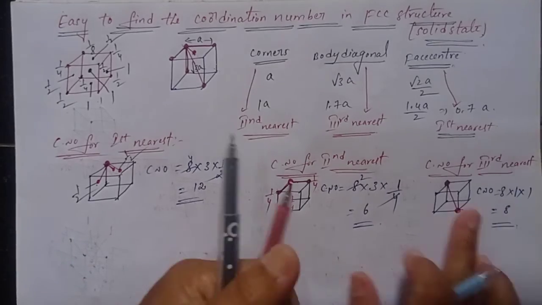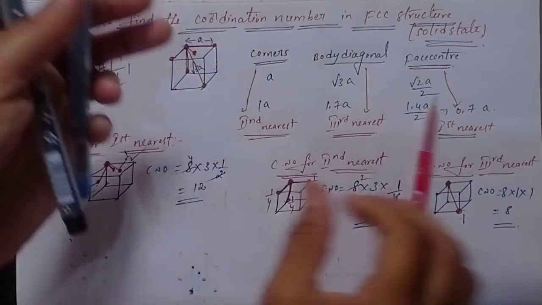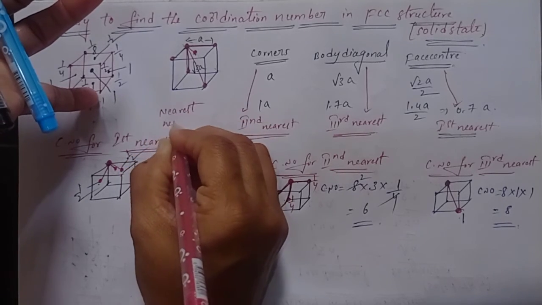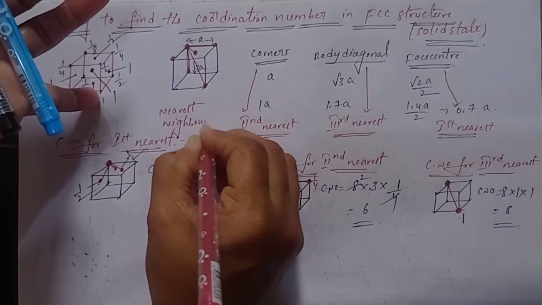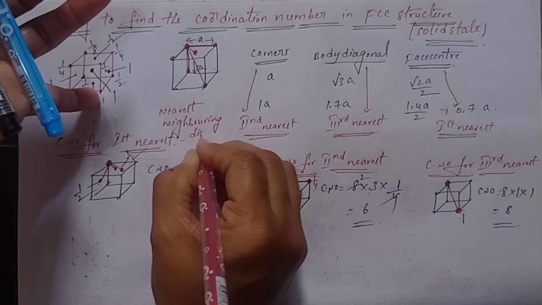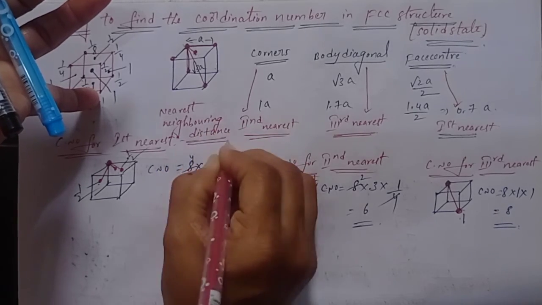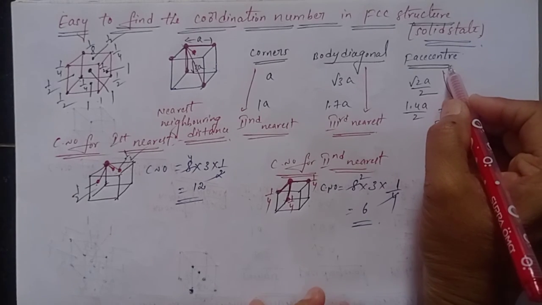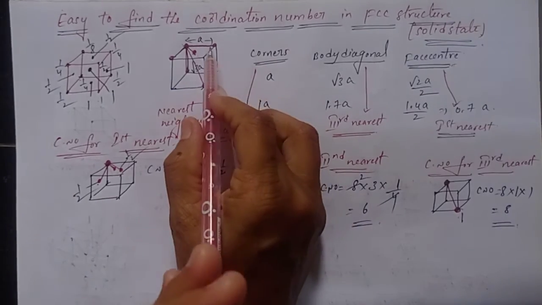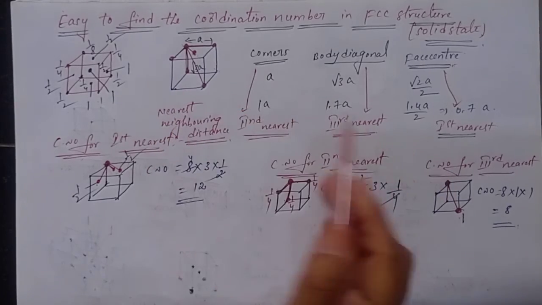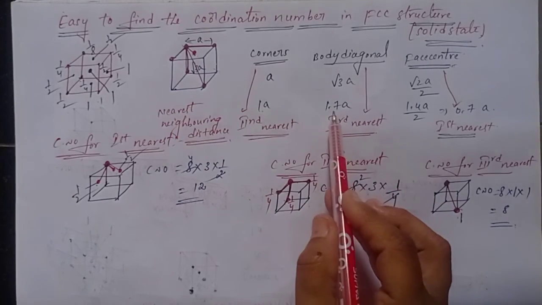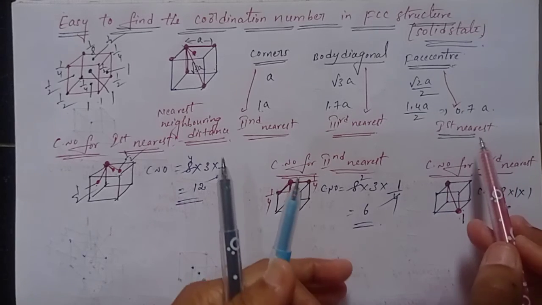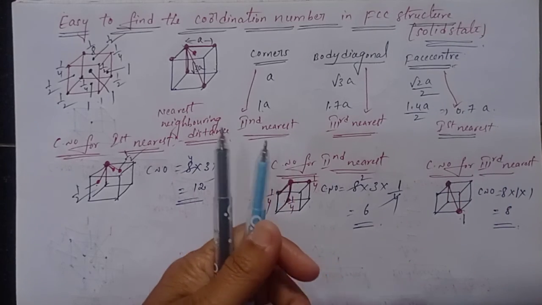Clear this, students? So first we have to find the nearest neighboring distance. Which is the nearest one we have to find? First nearest is face center particles. So to the considered particle, face center particles are the very nearest. Second nearest is 1a. This is the third, a. That means based on the distance we can understand which is the first nearest, second nearest, and which is the third nearest.